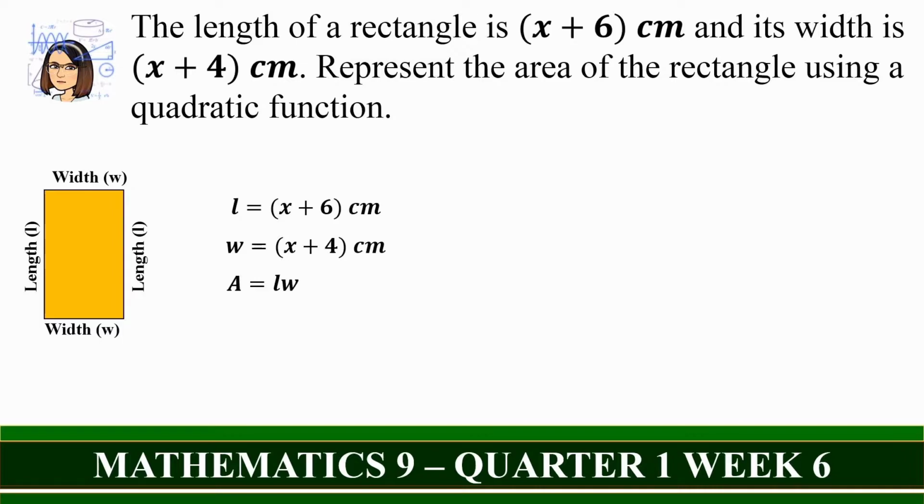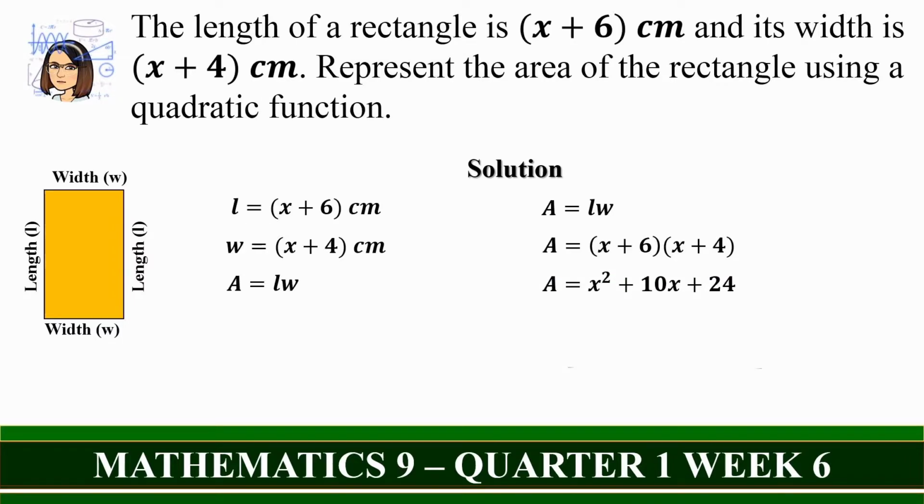We need to represent the area using a quadratic function. The area of a rectangle can be obtained by getting the product of the length and width. Therefore, the area of the rectangle is equal to the product of the length, x plus 6, and the width, x plus 4.